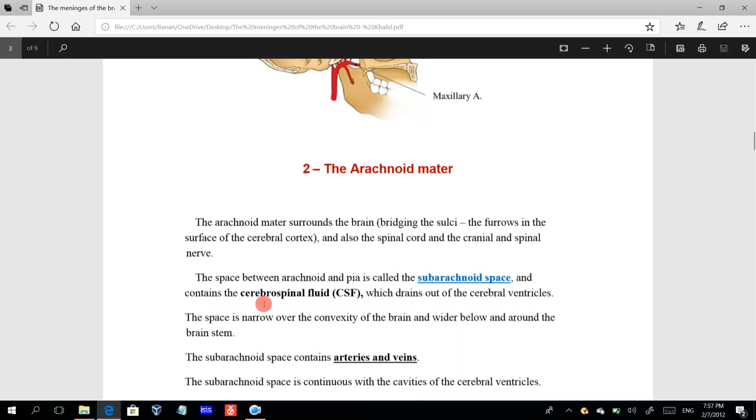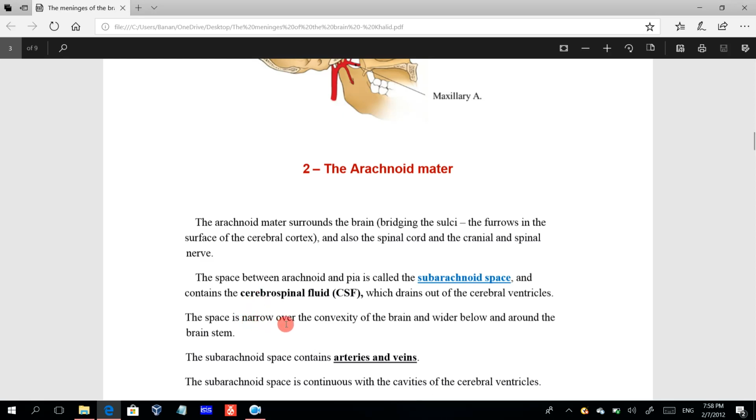Of course, not only the cerebrospinal fluid, but it also contains the major blood vessels that supply the brain and the brainstem. So this space contains the CSF and blood vessels.